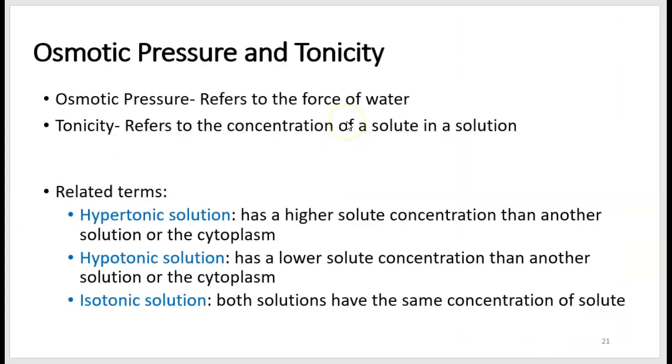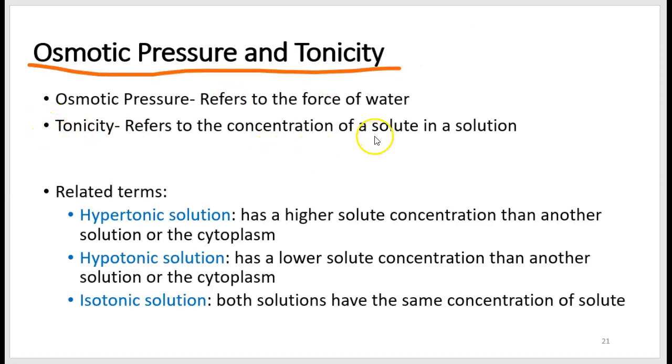Okay, so a practical example that happens in the body in relation to osmosis. We want to talk about red blood cells. I think that would be the best. So to do this, we need to understand what osmotic pressure and what tonicity means. Osmotic pressure means the force of water. So, you know, if water builds up behind a dam, it has a lot of osmotic pressure.